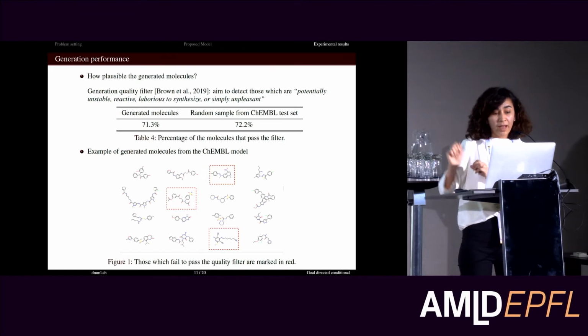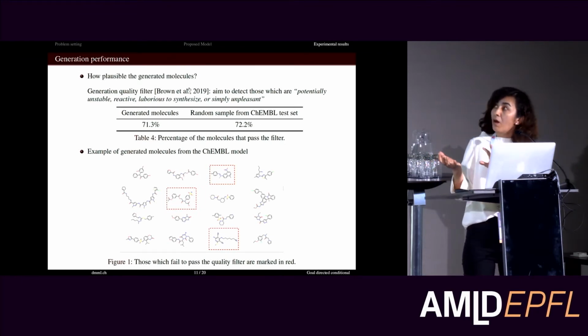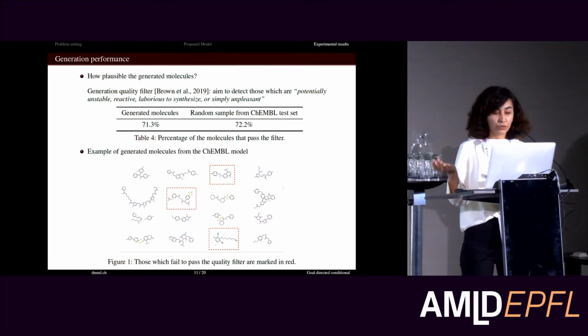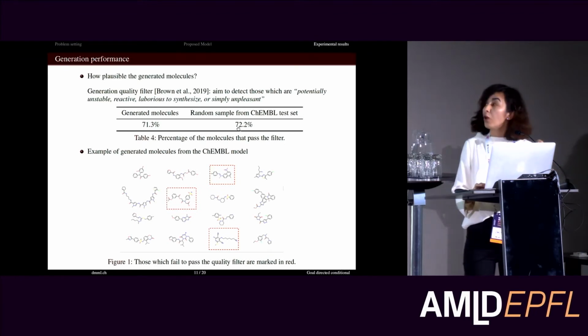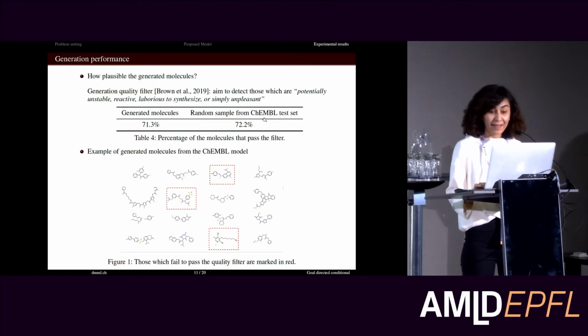So we tried this filter from Brown et al. that filters out molecules that are not easy to synthesize, reactive, or not stable. We give the same number of generated molecules from our model to this filter, and also the same number of molecules from the Campbell test set.